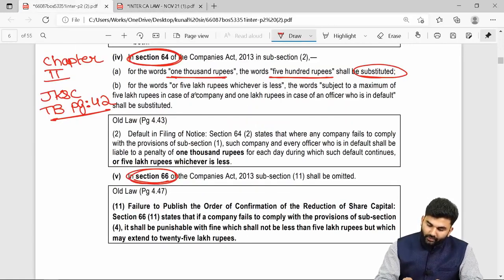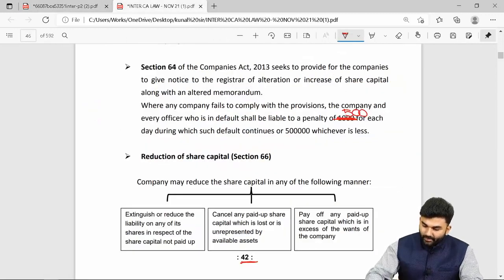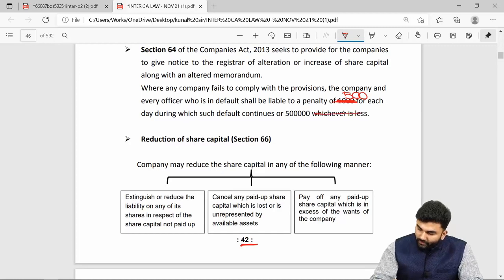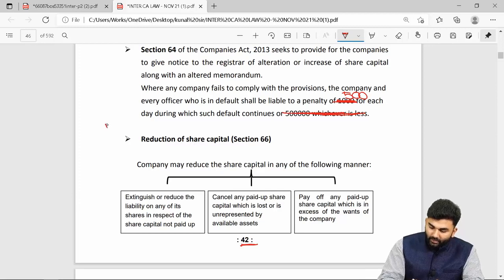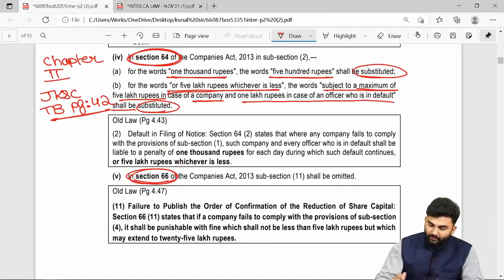Okay. For the words "or 5 lakh rupees, whichever is less", the words "subject to a maximum of 5 lakh rupees in case of a company and 1 lakh rupees in case of officer in default" shall be substituted. Okay. So we have to just remove the words "whichever is less" along with the words 5 lakhs, and we need to write down: in case of company, maximum penalty is 5 lakh rupees.